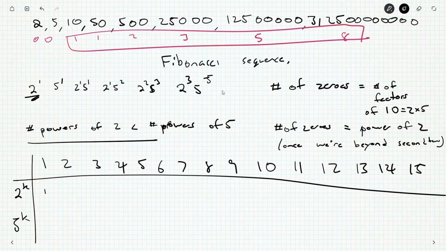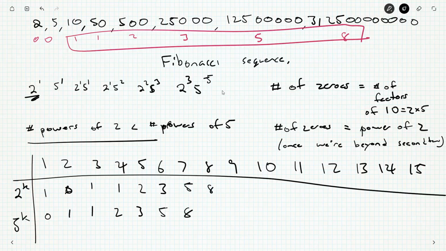So this will be 1, 0, 0, 1, 1, 1. And then it's just the sum of the previous two. So this will be 1, then this will be 2, then this will be 3. I'm going to fill this one out just for the sake of completeness. 8. And hey, 1, 2, 3, 4, 5, 6, 7, 8 is our power of 5 here. We should get 8 here as well. Yeah, 5. And that gave us 8 zeros, because that's the limiting number.